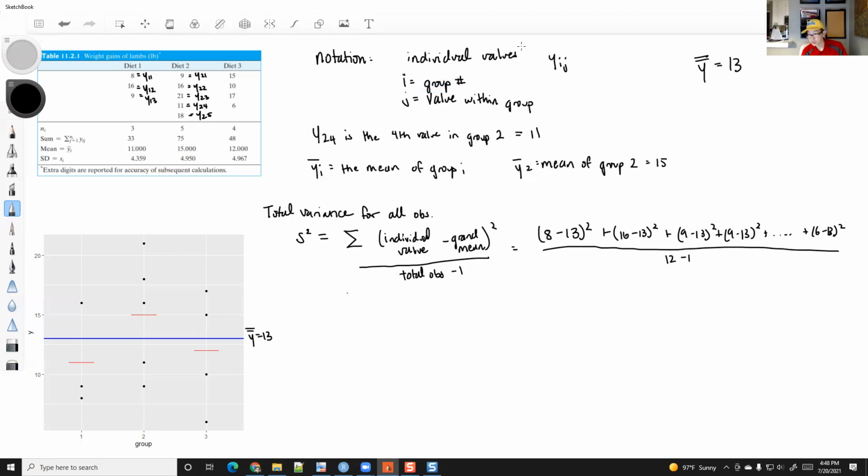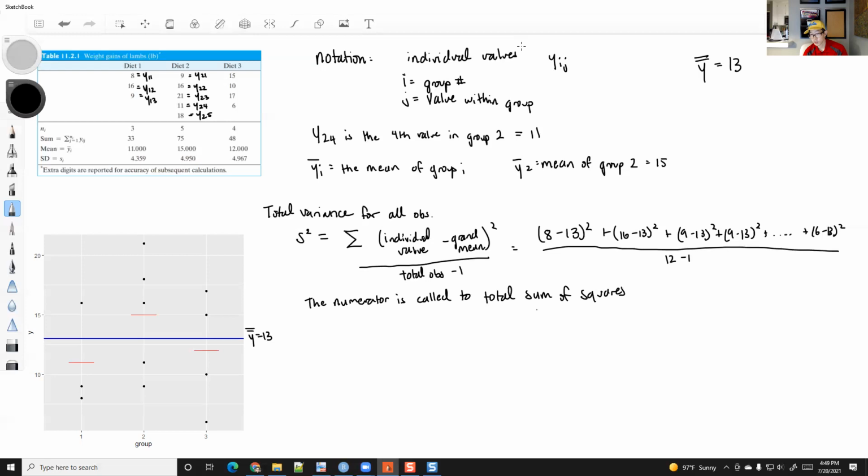The numerator, this numerator up here, is known as the sum of squares. It's the total sum of squares, which kind of makes sense, right? Because we're squaring a whole bunch of values, and if we add them all up, it'd be our total sum of squares. So the numerator, before we divide by the total number of observations minus 1, is called the total sum of squares.